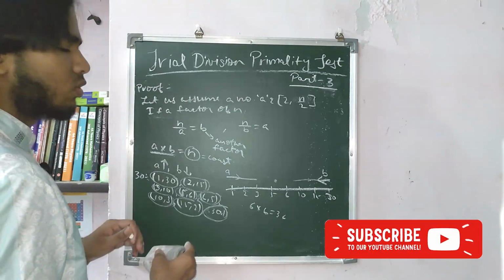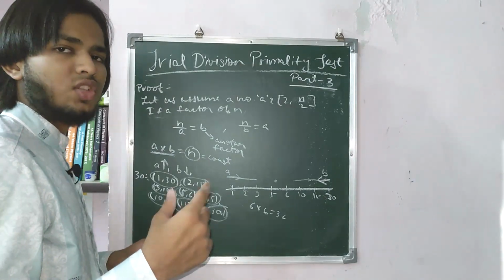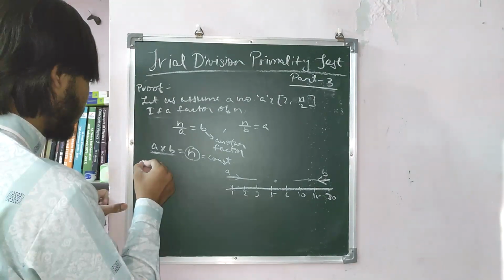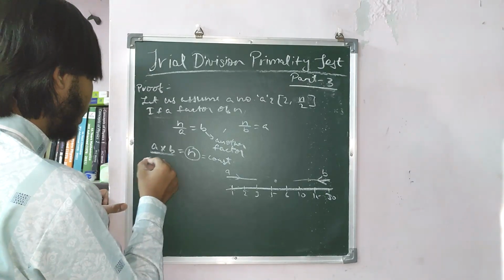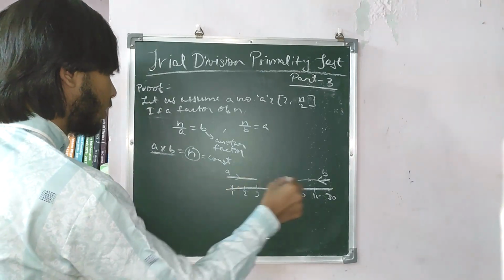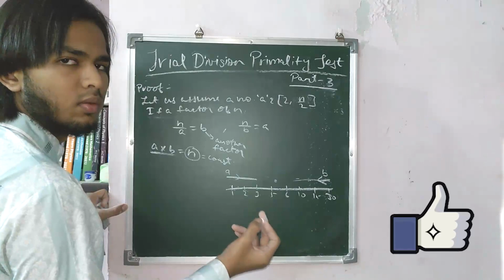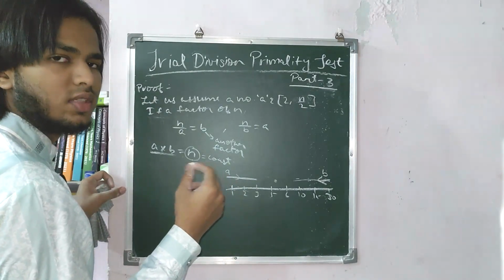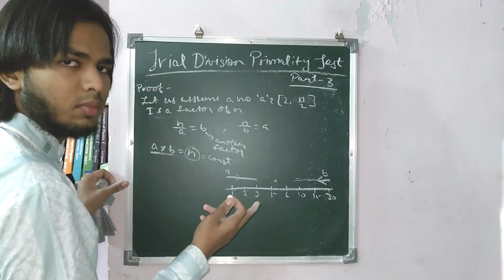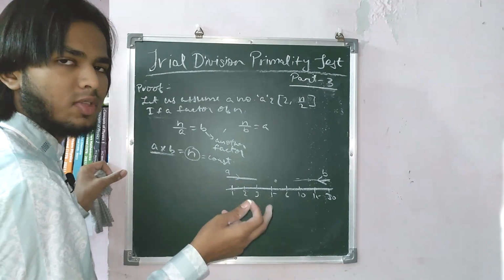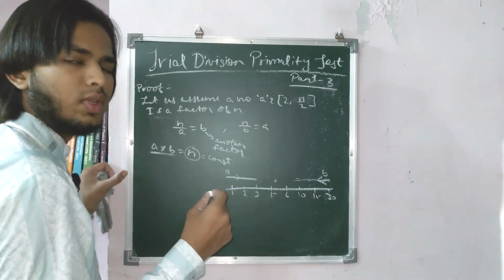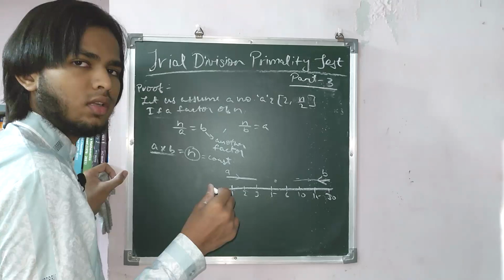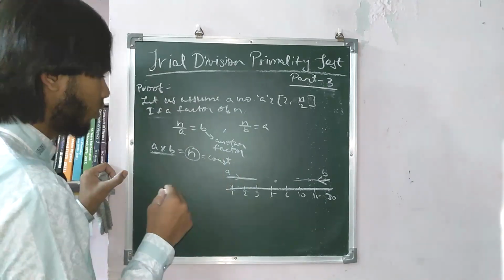So let me generalize the result. At some point when we are increasing A and decreasing B for some number, we don't know what that number is. I have taken the example of 36, but there might be some other number also. So we are generalizing it so that we can get a rule out of it.